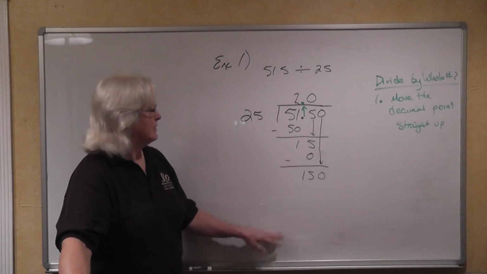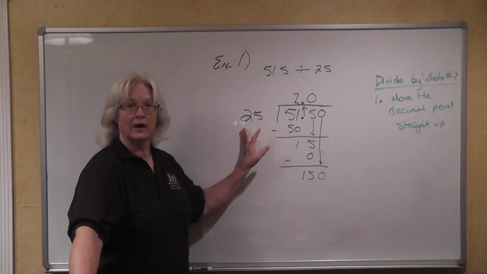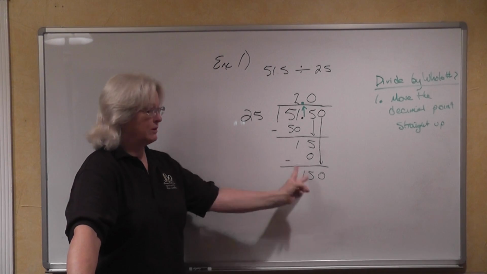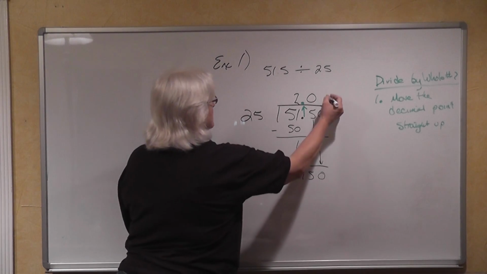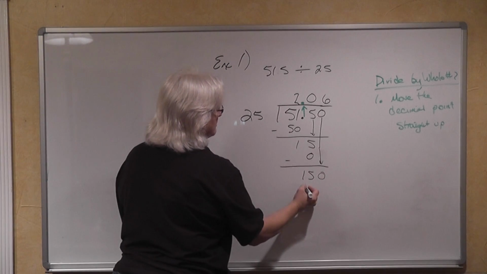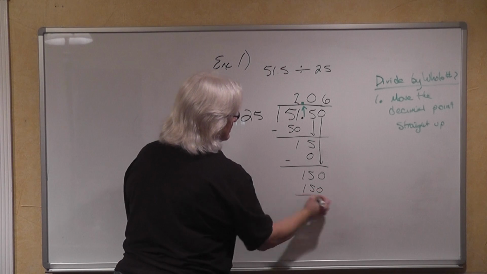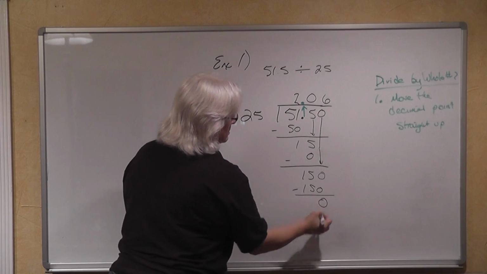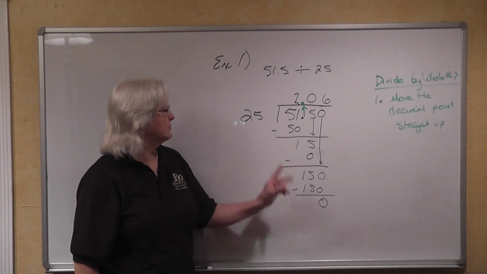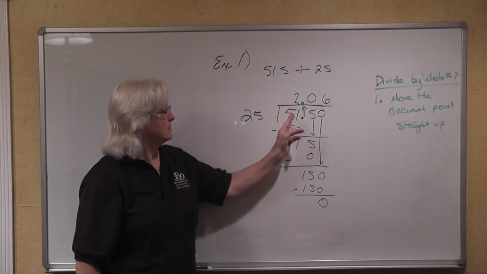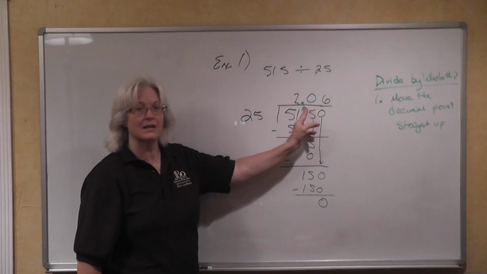Now we have 150 divided by 25, or how many times does 25 go into 150? It goes in 6 times. 6 times 25 is 150. We have no remainder, so we have completed our long division problem, except we've got this decimal number.